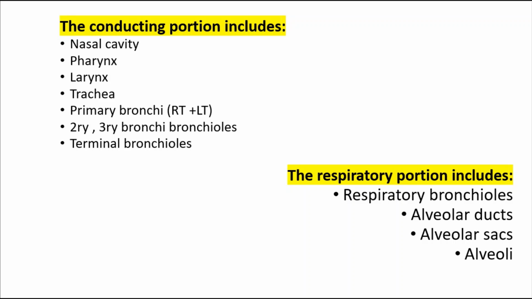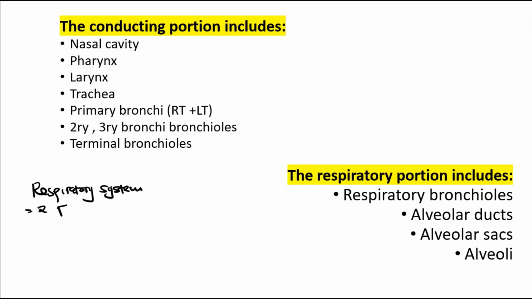So this is very important to know. Very, very important to know. So know the conducting portion and the respiratory portion. In summary, you can just say the respiratory system is made up of 2 parts.